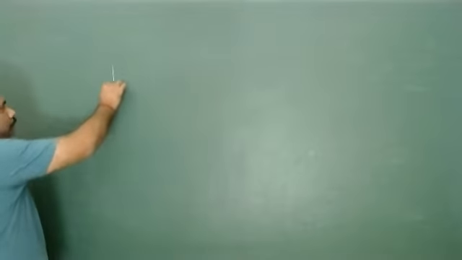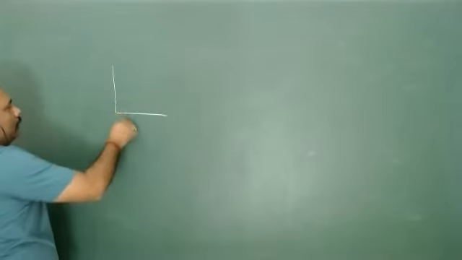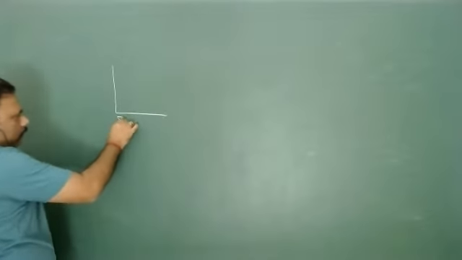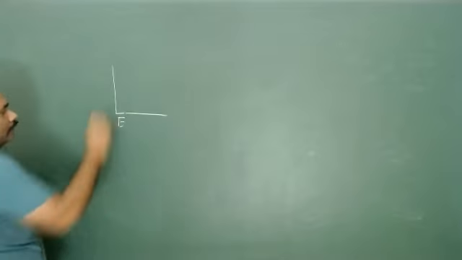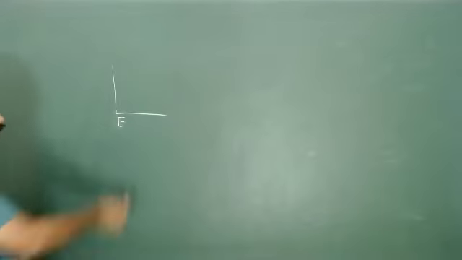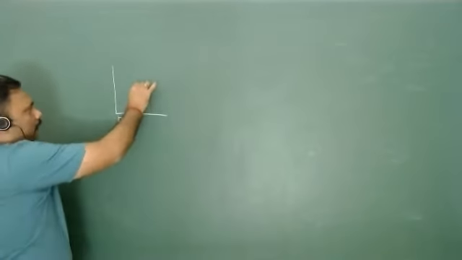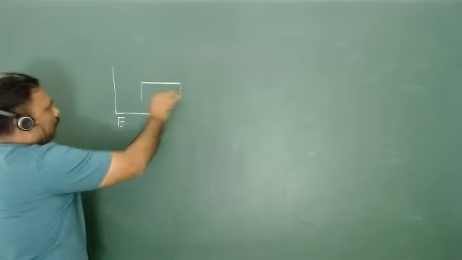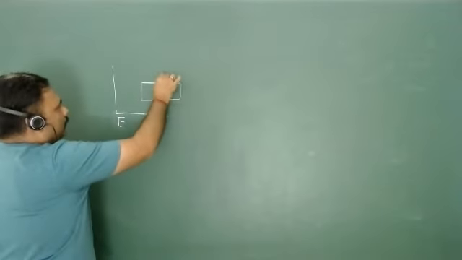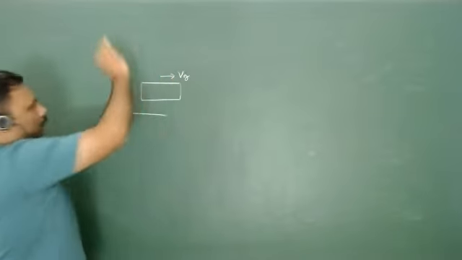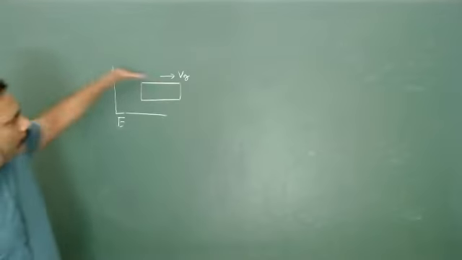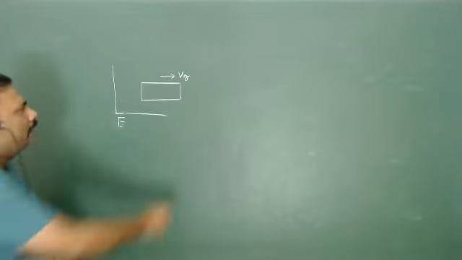Okay, let's say this is our Earth, so I will keep it E as Earth. And with respect to Earth, there is a glass plate, and this glass plate is moving with velocity Vg in the I cap direction.